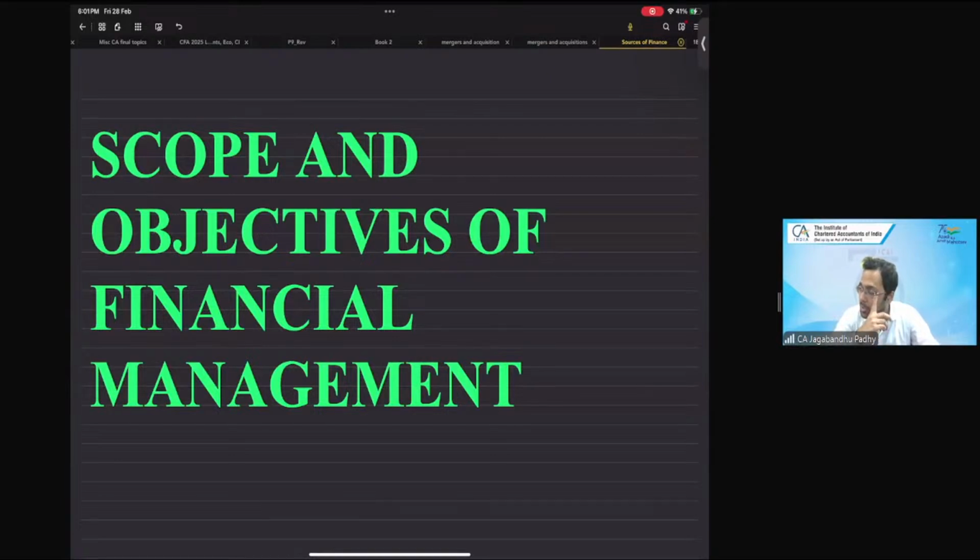So in this journey of financial management or analysis of financial statements, we are going to cover a lot of things, starting from a very basic level to a very high advanced level. Certain aspects we're going to cover at inter level, and then we also have advanced financial management at CA final level also.